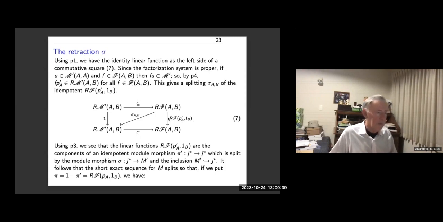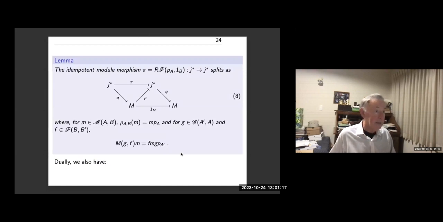We see that these linear functions here are the components of an idempotent module morphism. That's right. So this is actually working on the linearizations of the hom-sets, but we're taking them to give modules. So this pi, P prime gives you a module morphism pi prime. Okay, so what do we get out of that?